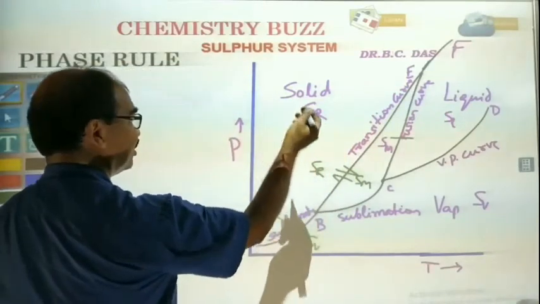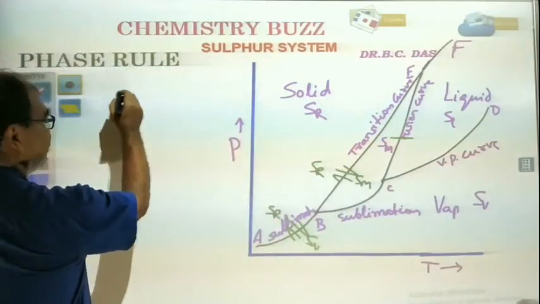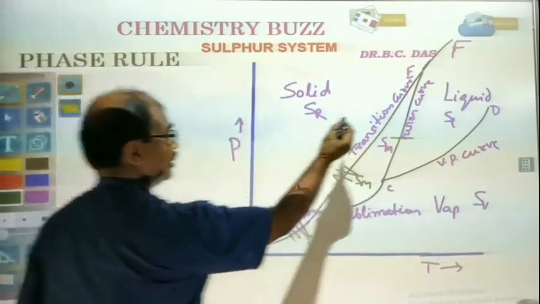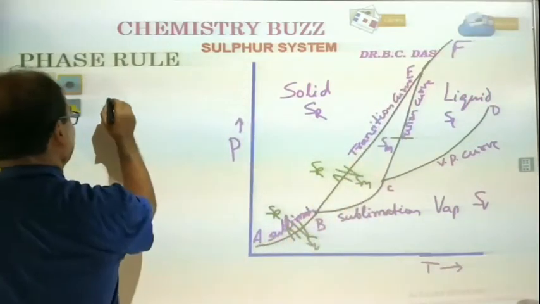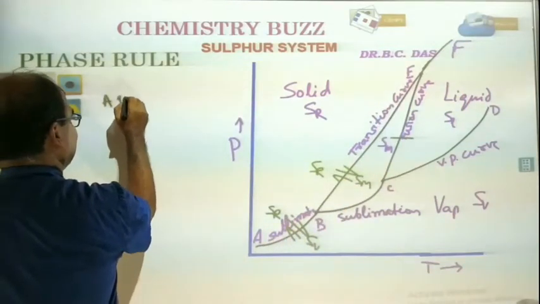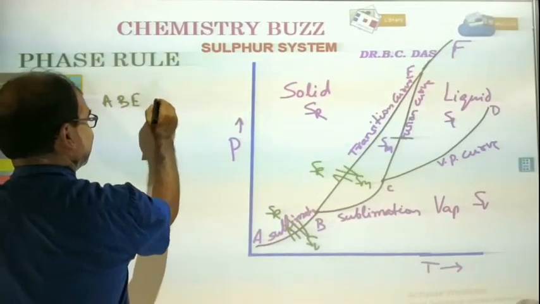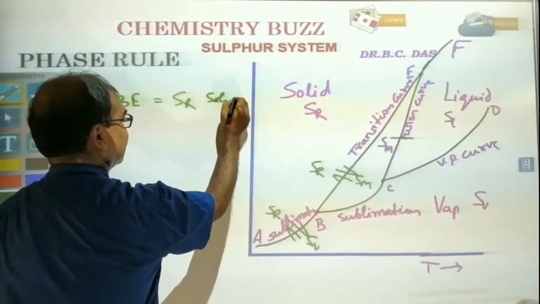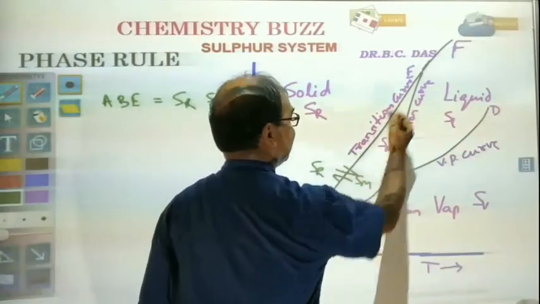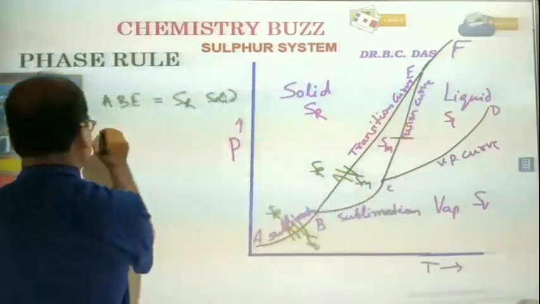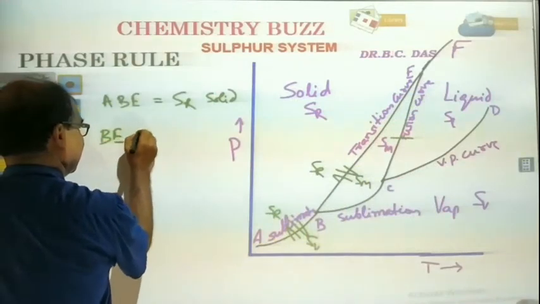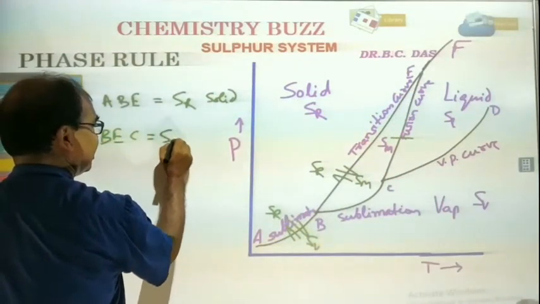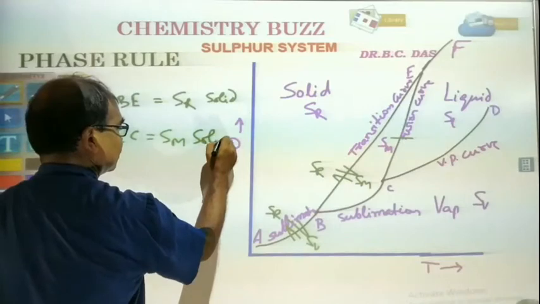So if you find the region, that is the E, B, A, this is the region of SR solid. Okay. And B, E, C, this is the region of SM solid.